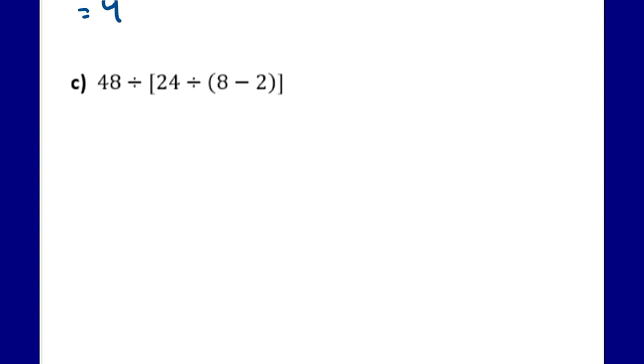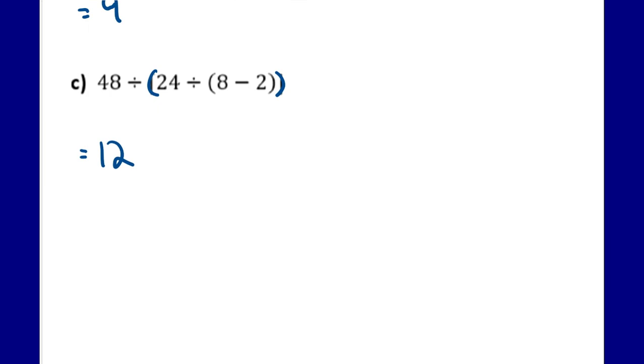So for C, again, I'm going to enter in my calculator exactly as I see it. In some cases, your calculator won't be able to put square brackets, but that's okay. You can still use regular round brackets to be the same thing. So in this case, we should get 12.